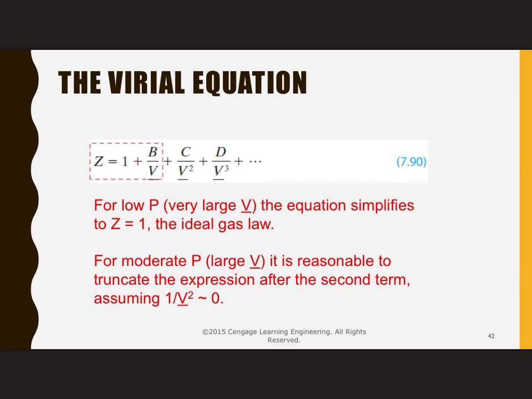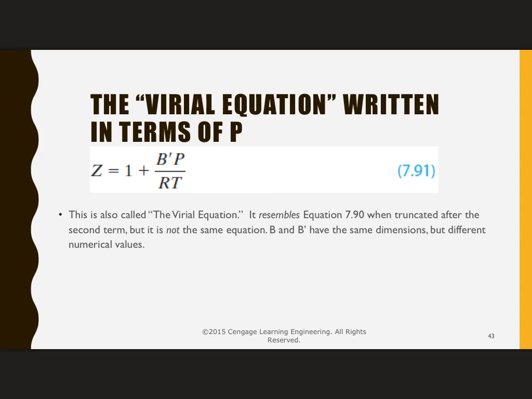At that point, then probably we can approximate with only these, and we can assume that these additional terms are very close to 0. And as the pressure increases, we will need to add more and more terms. Most of the time, we stop with the first. So this is the virial equation as it's typically used.